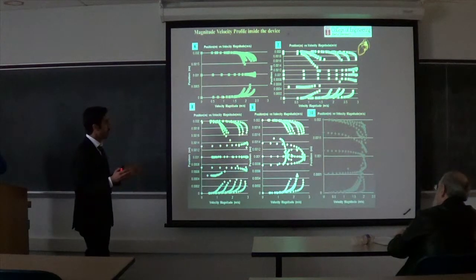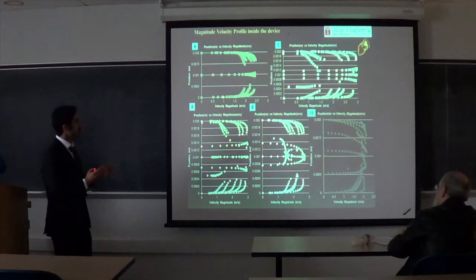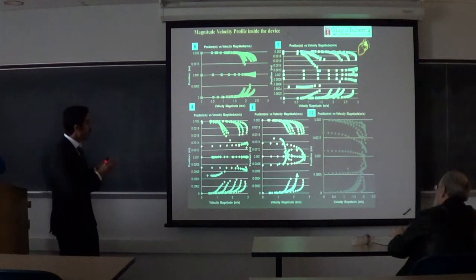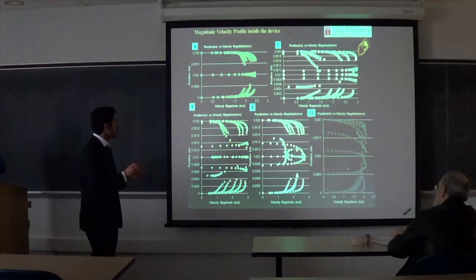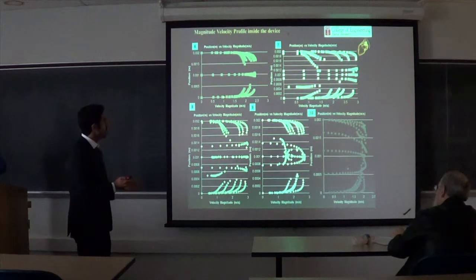So we decided the entrance length is going to be between 9 millimeters and 11 millimeters. And our area of interest will be between plane 4 and plane 8, which is 12 millimeters. That's the area we are going to test, and we will catch the particles through this area.